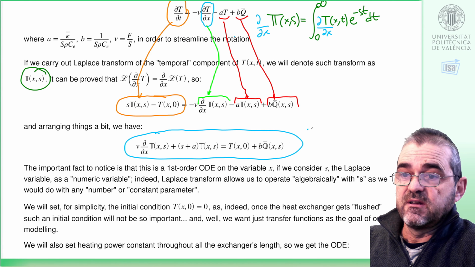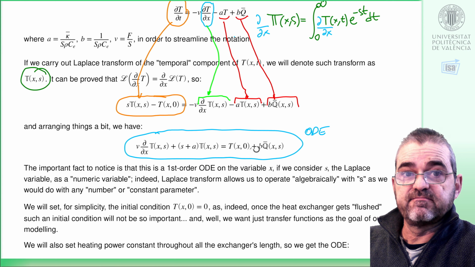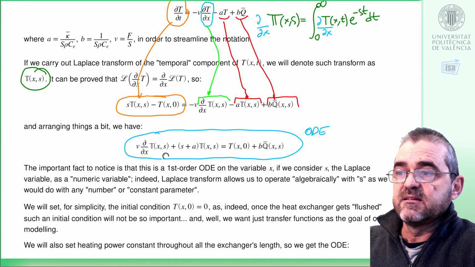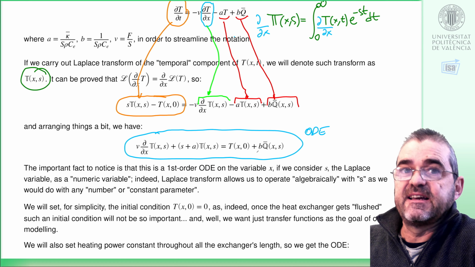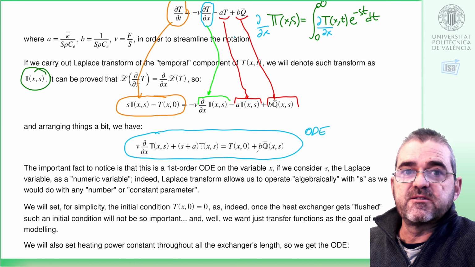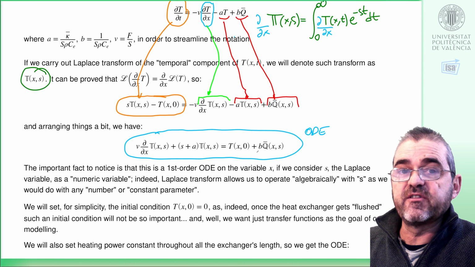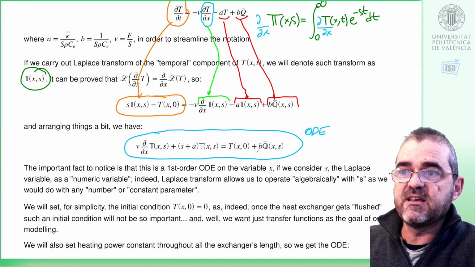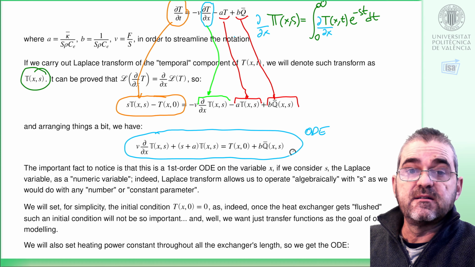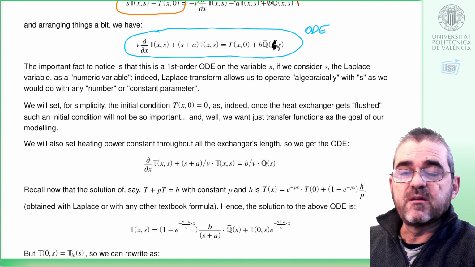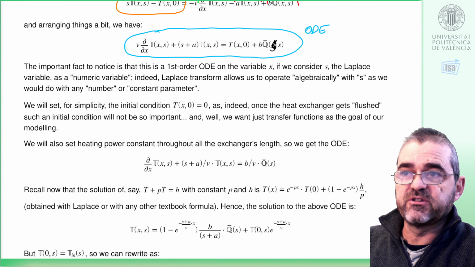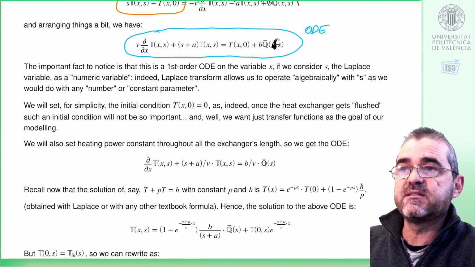So this is now an ordinary differential equation because we are taking derivatives with respect to only one variable, and a, b, v, s need just be considered as plain algebraic variables doing sum, multiplication, etc., and not differentiation. This will be the key aspect for solving this. However, for simplicity, we will now remove the dependency on position of the heating power, uniform heating.